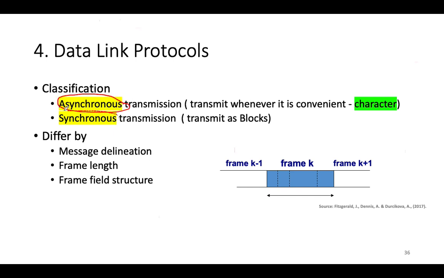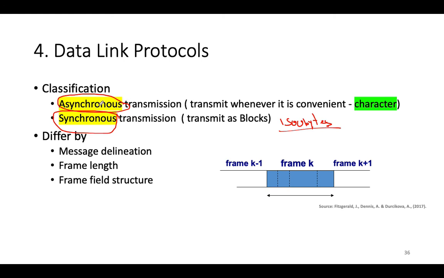Synchronous transmits blocks, which we call frames, and these can be up to 1500 bytes. That's the maximum for the normal networking system. So you can send up to 1500 bytes at once, less than that yes, but no more than that.